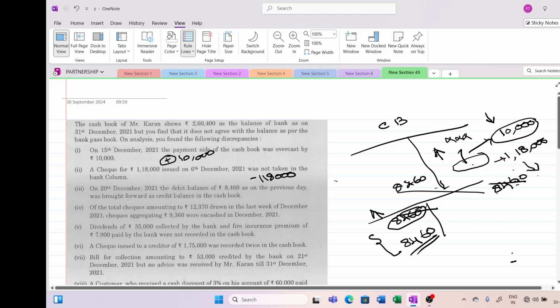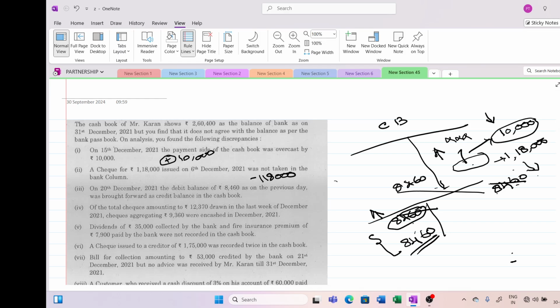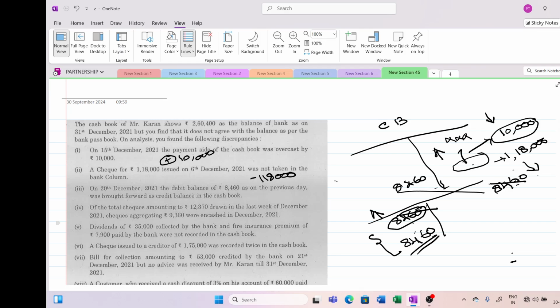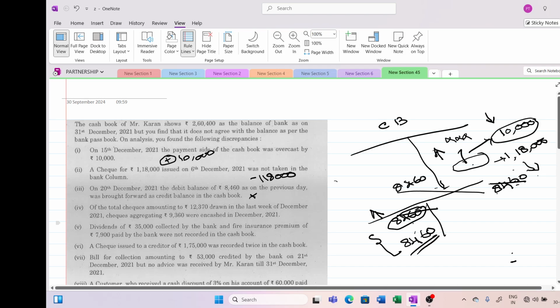So for that, nullifying that decrease, you have to increase 8460 one time. Then the result will be 0. No addition, no decrease. So you have to add one more time. So double time you have to add in your bank reconciliation, that is 16,920. Double of this is 16,920. You have to add it.